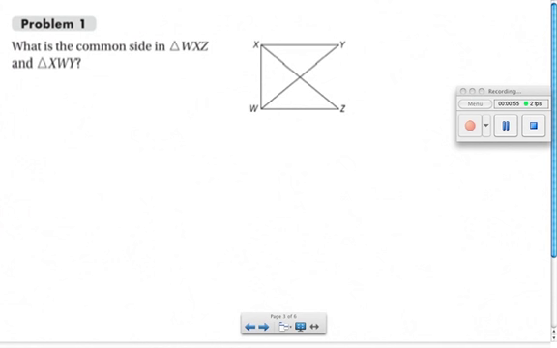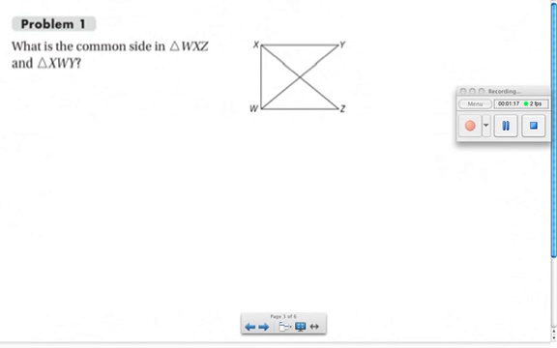Look at the names of the two triangles in problem 1. Triangle WXZ and triangle XWY. Look at their names. How many letters do they have in common? Two. What two letters are they?